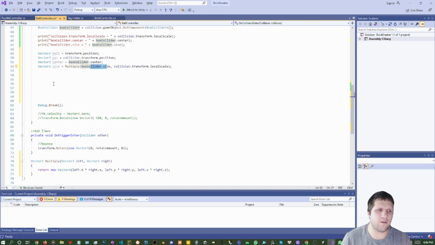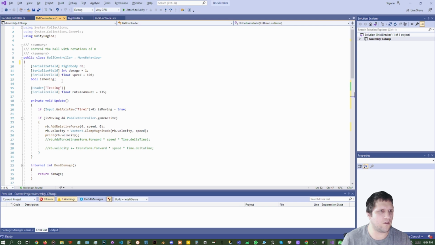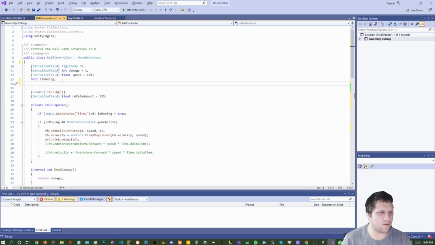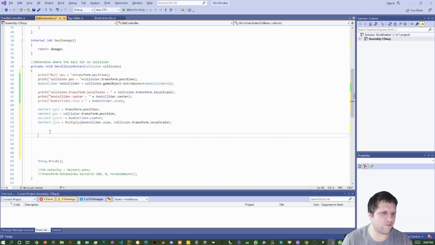Okay, we have the ball, the position, the center, and the size. Let's do this: float angle of rotate, and we will set that to 45.